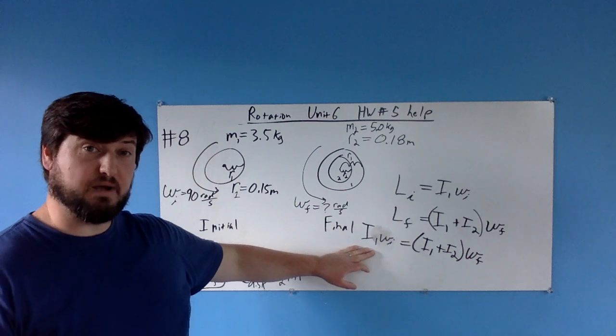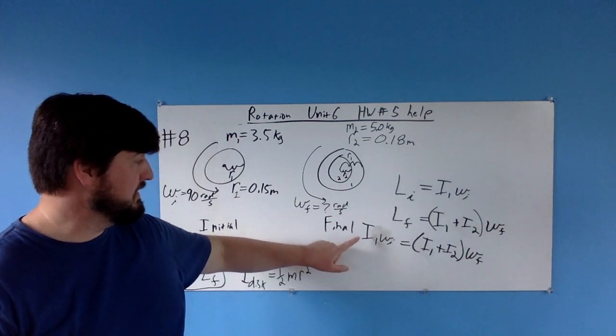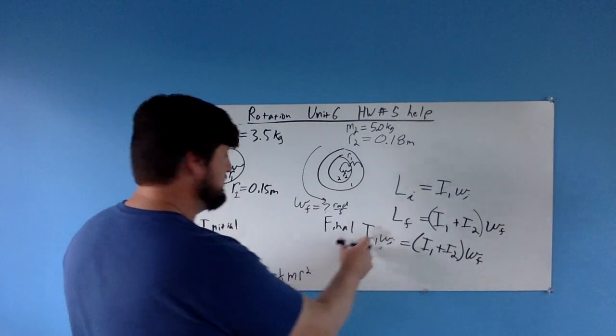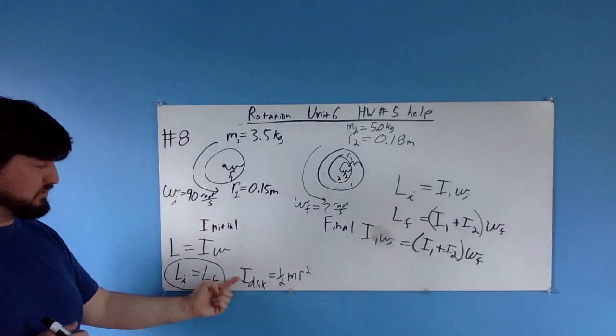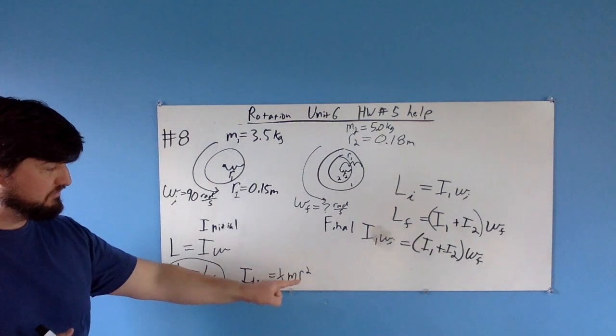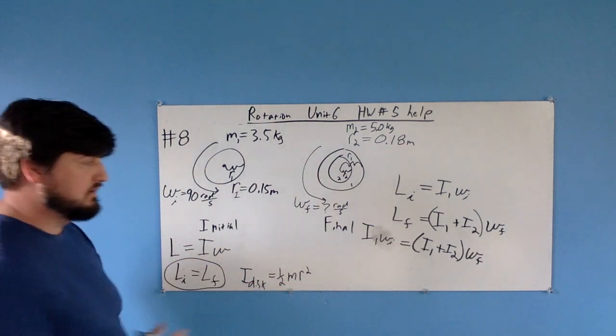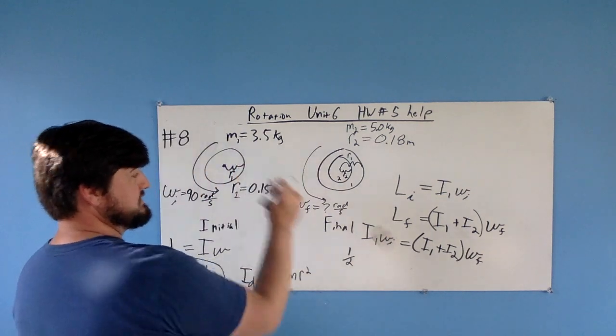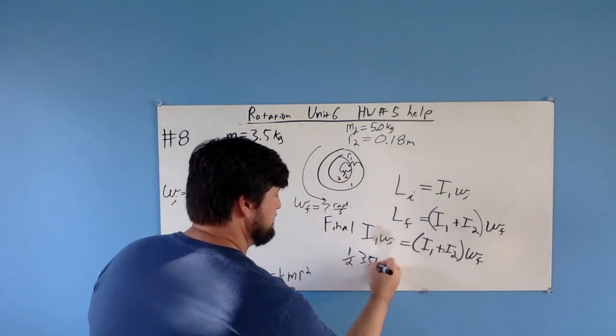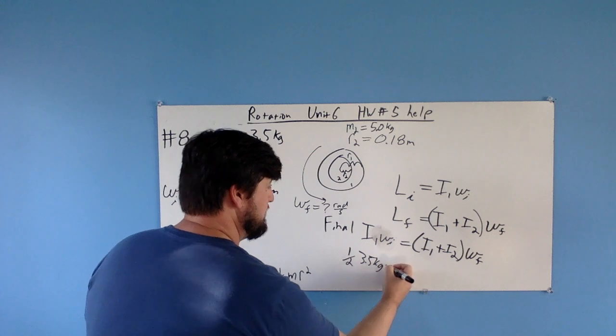So let's pop in the numbers that we have. What we have, I1, well, we don't have that. But we do know that the moment of inertia for any disk at all is 1/2 mr squared. So here I'm going to put in 1/2. Mass of disk 1 is 3.5 kilograms.